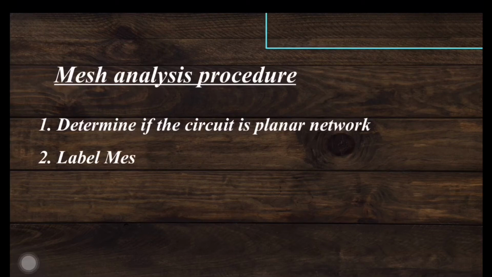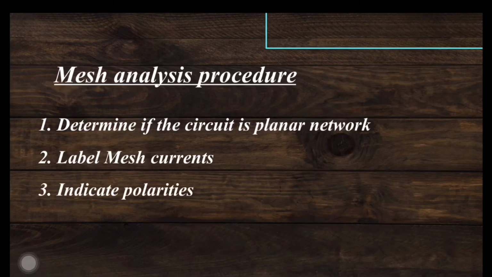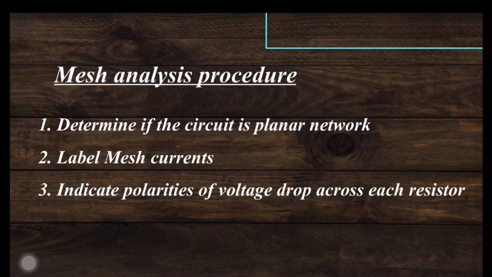Then we have to identify all meshes present in the network and label each mesh current. It is better to label all mesh currents in the clockwise direction. It will help us to simplify the mathematical analysis. Next, we have to indicate the polarities of voltage drops across each resistor.